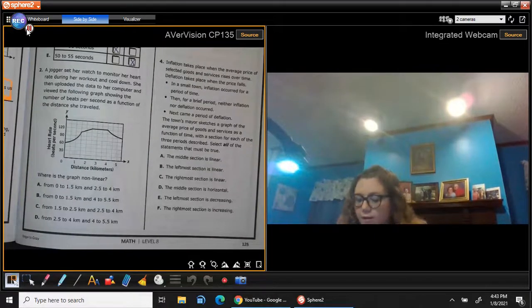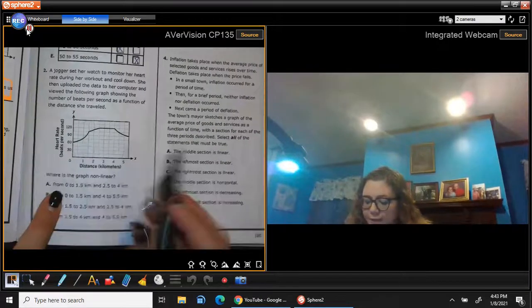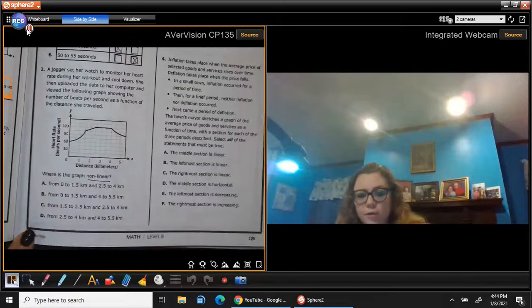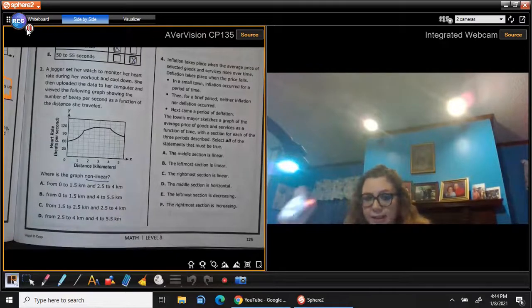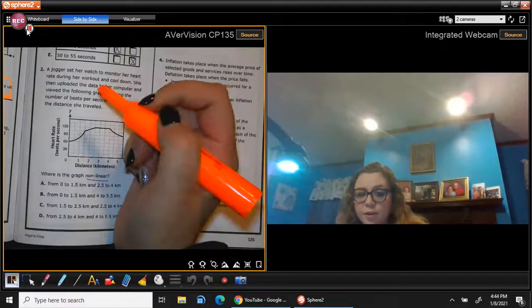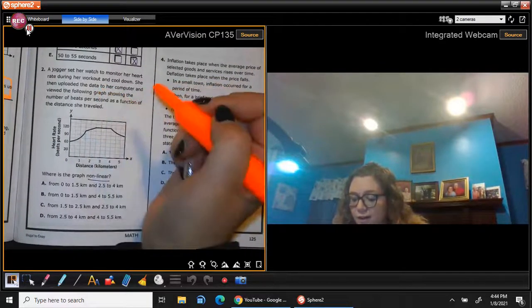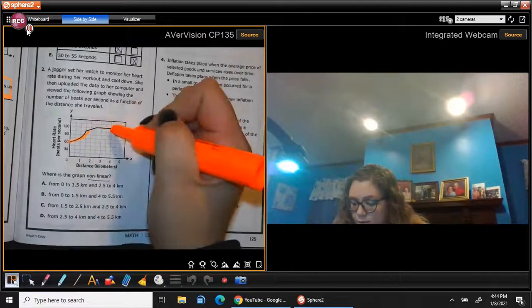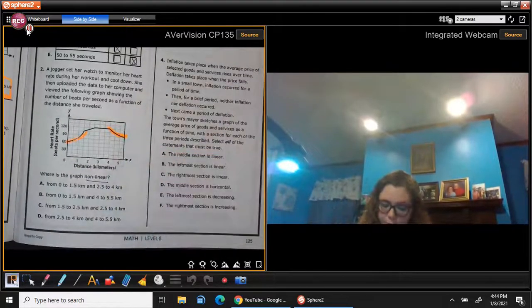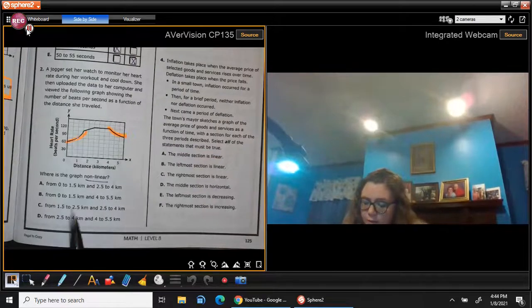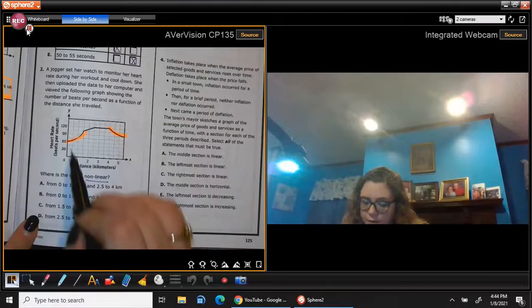Okay, so just a little reminder, linear is straight, non-linear is when you're going to have the little curve. So this wants to know, where is the graph non-linear? Where does it curve at? So I'm going to look at this graph, and I am just going to highlight everywhere it's not a straight line. Okay. So now I'm going to look at these intervals.